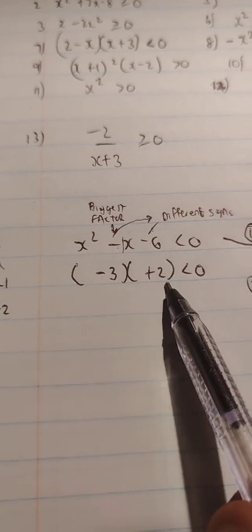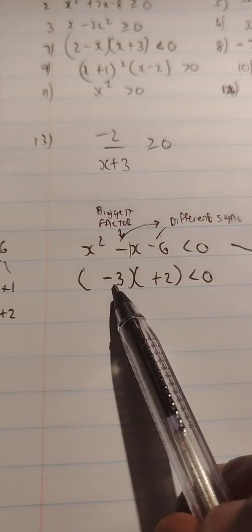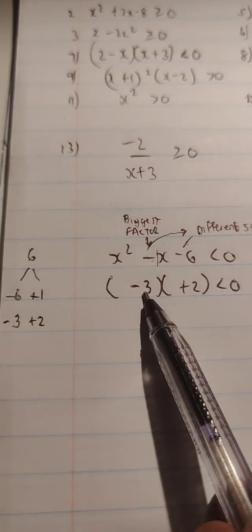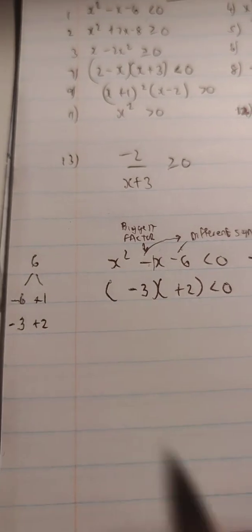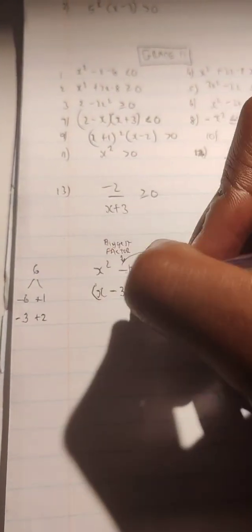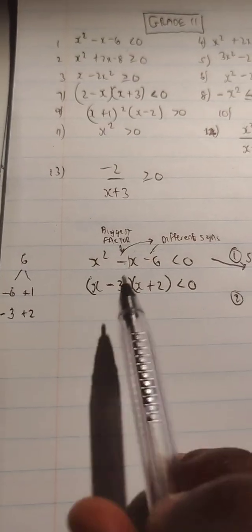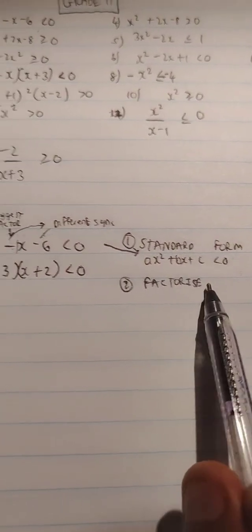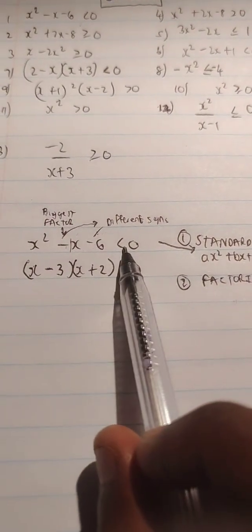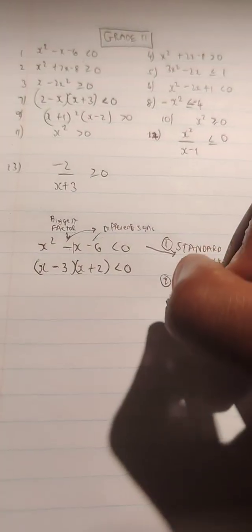To get x squared, we write x and x. So we have factorized the quadratic expression.